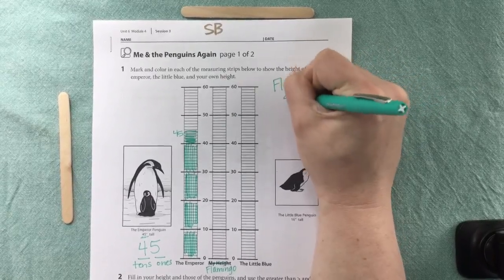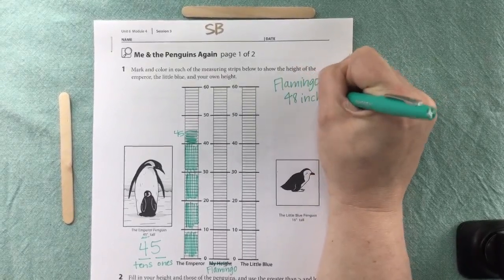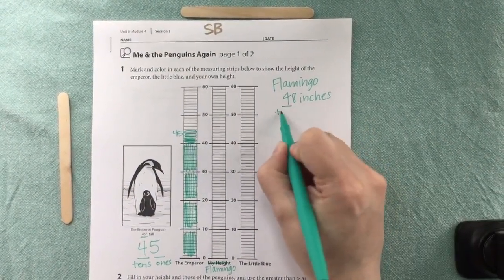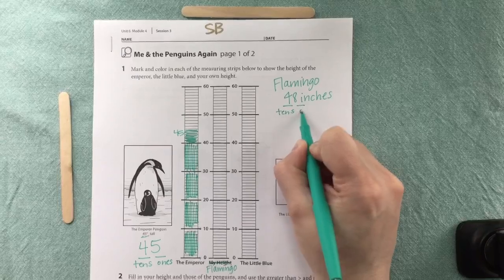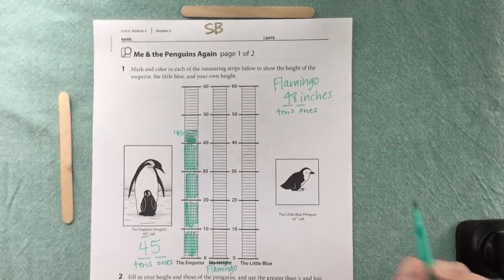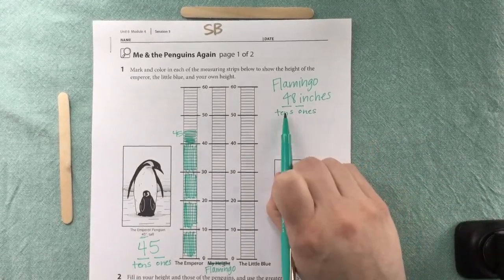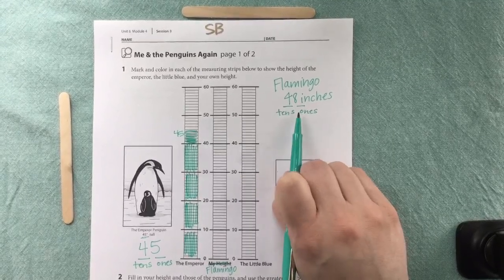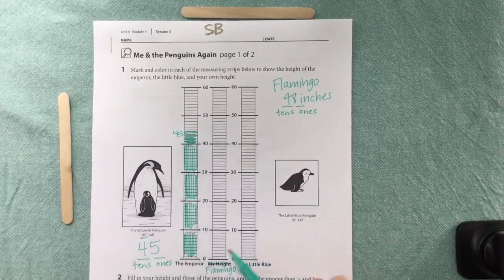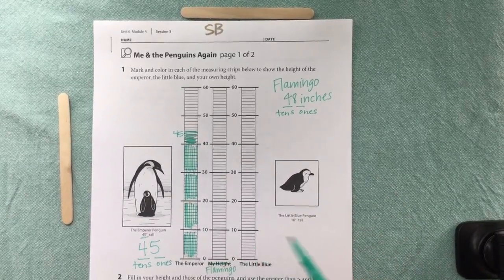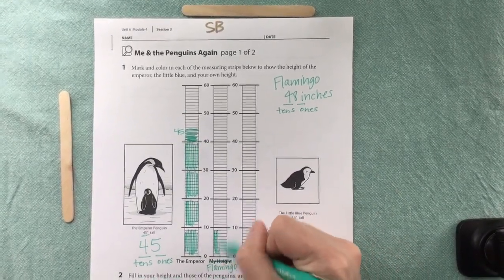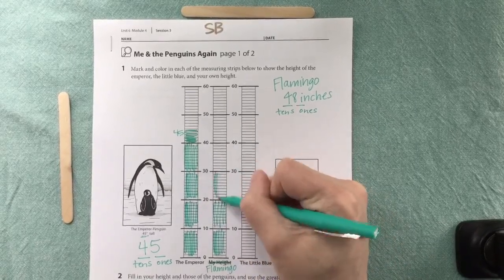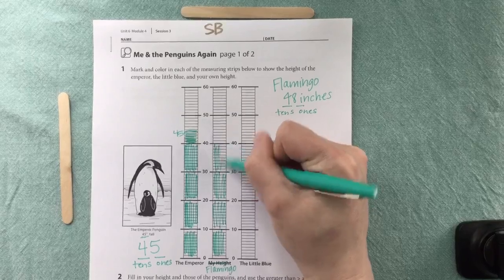All right, if we remember, guys, the height of a flamingo was 48 inches. And again, we look at the number 48, we know that there are 4 10s and 8 1s. So I know that I can count 4 10s before I have to start counting individual ones. So I'm going to do the same here for my flamingo. I'm going to say 10, 20, 30, 40.